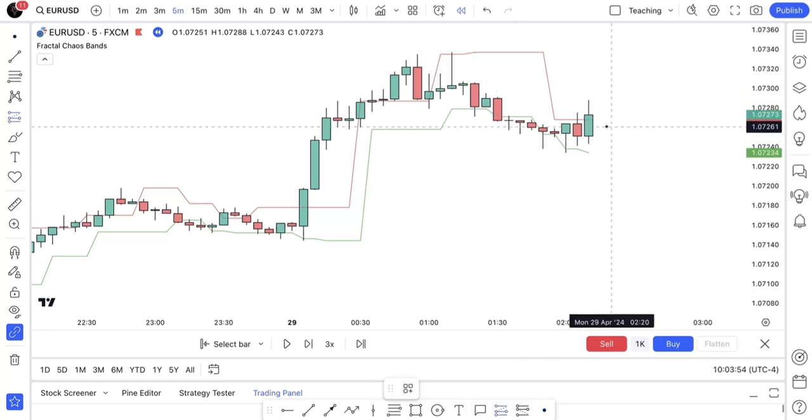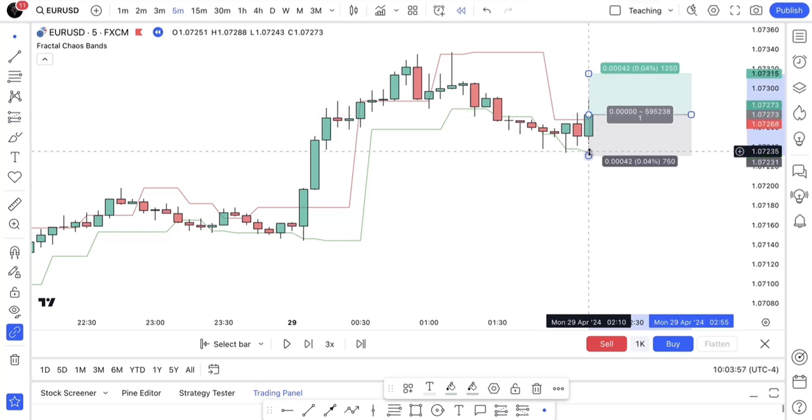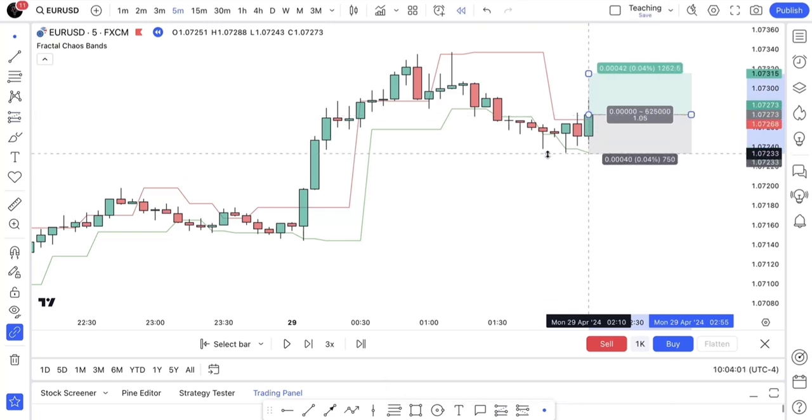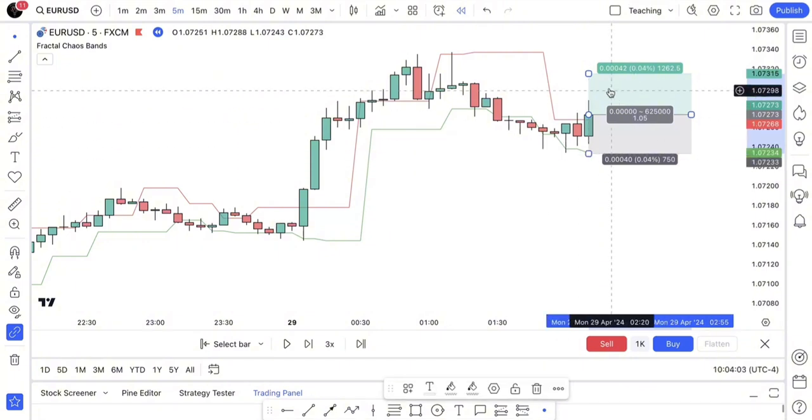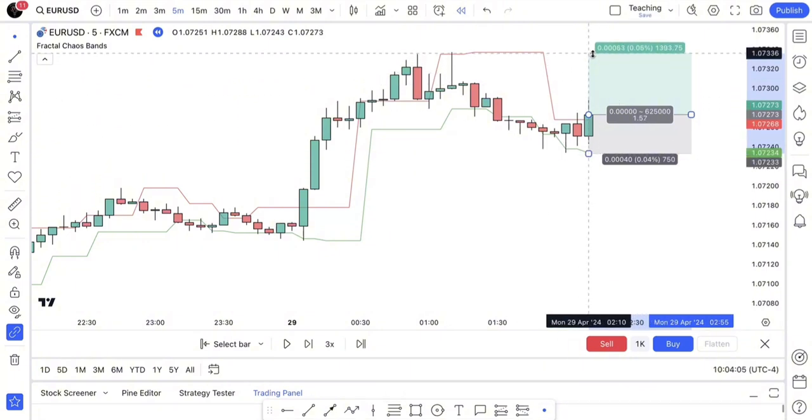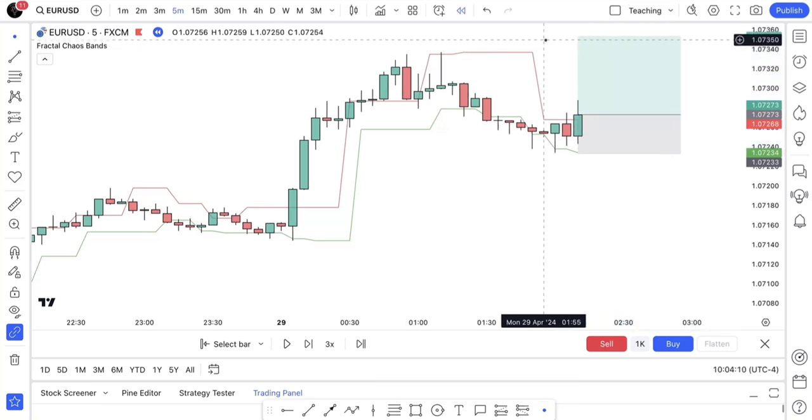So I will set my trade and execute it right away when the candle closes, of course, and put my stop loss under the latest low and target the latest high, or maybe above, for a better risk reward.